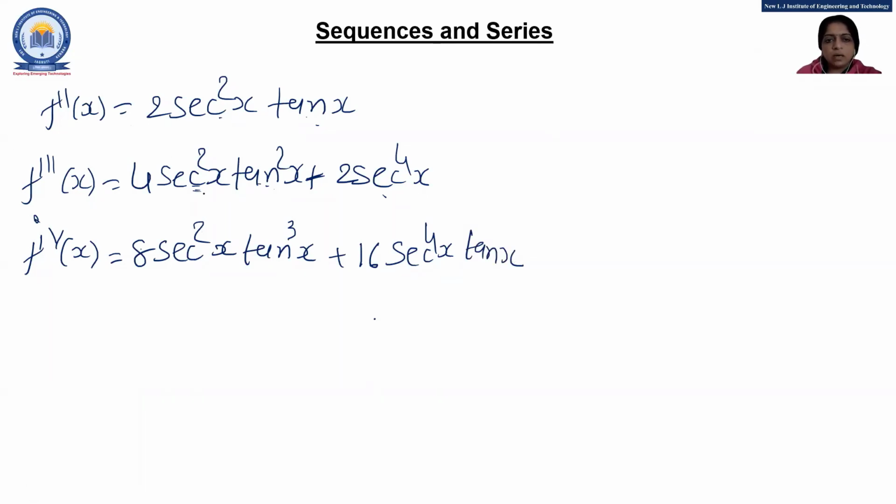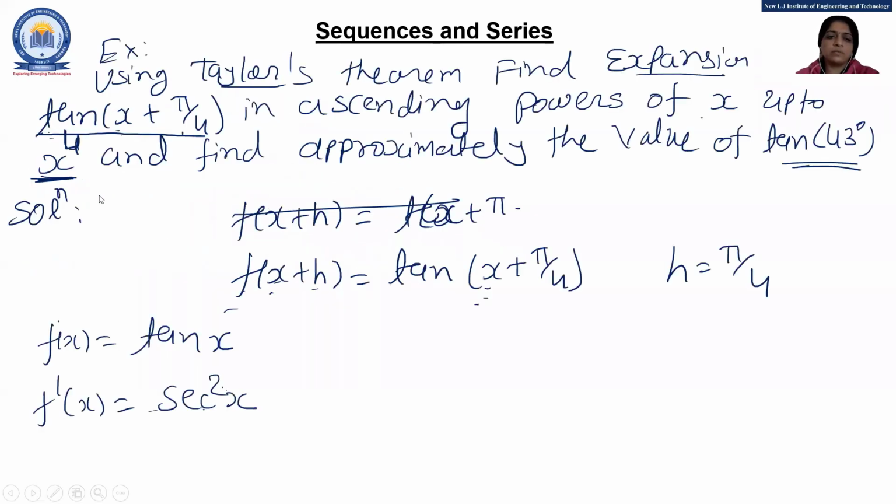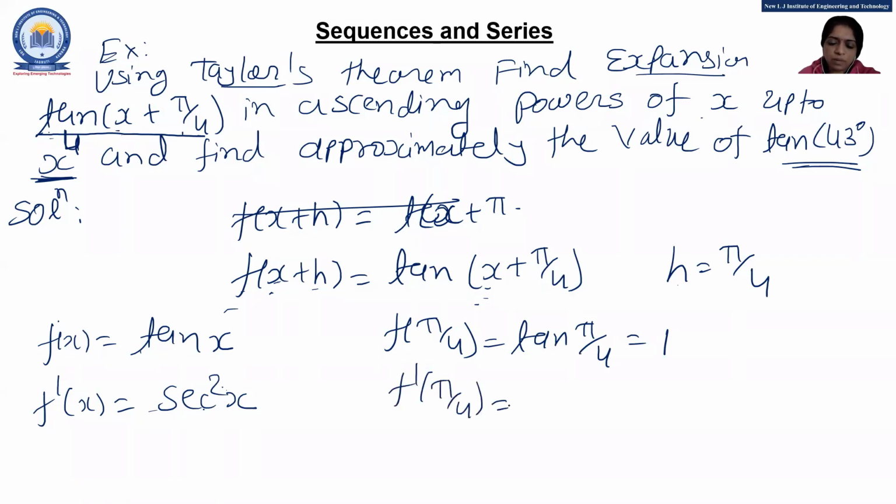As we have less time, I have written the derivatives directly, right? See, f of x is tan x, our h is pi by 4. So f of pi by 4 is tan pi by 4, which is 1. Now f dash pi by 4 is sec square pi by 4, and sec pi by 4 is root 2, so the square of root 2 is just 2.